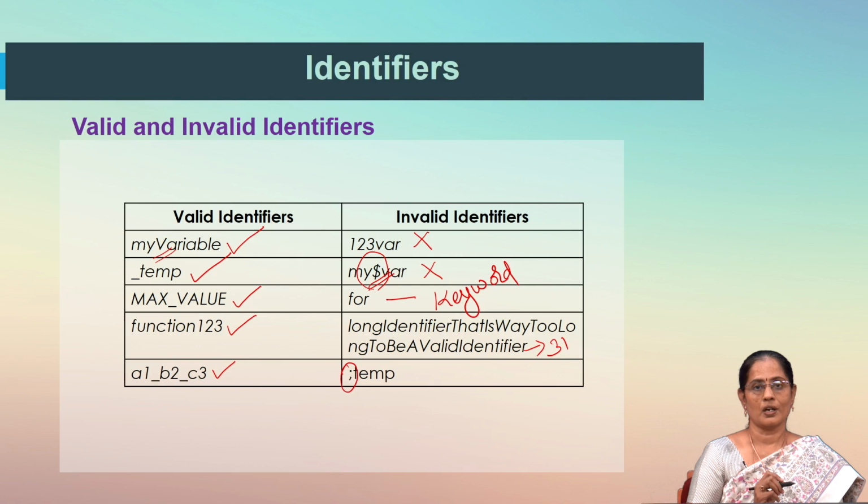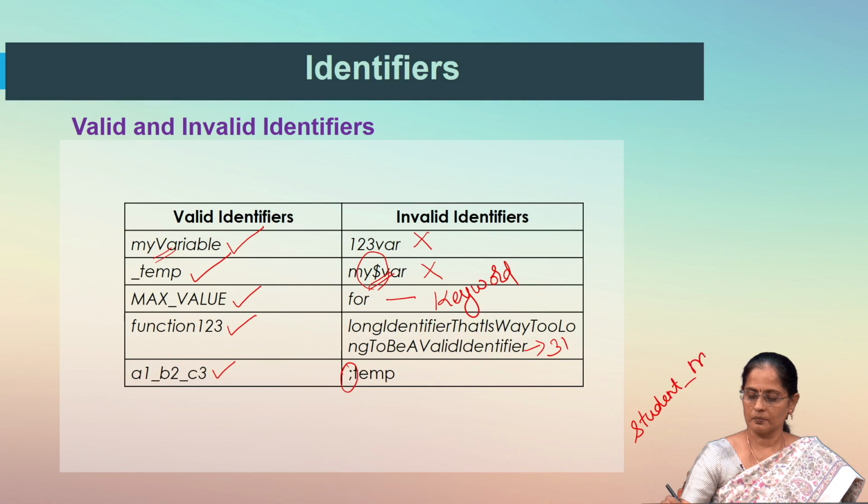But one thing we have to remember is that whenever we are trying to name a variable or define an identifier, see to it that it should be meaningful. In the sense that supposing I am using a variable for storing student mark details, then it is better that it should convey some meaning, so it can be given as student underscore marks.